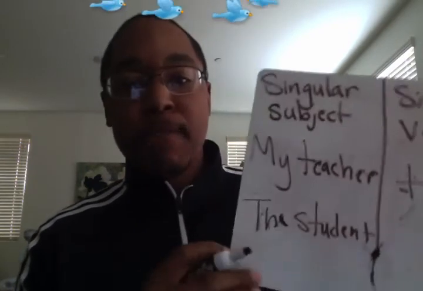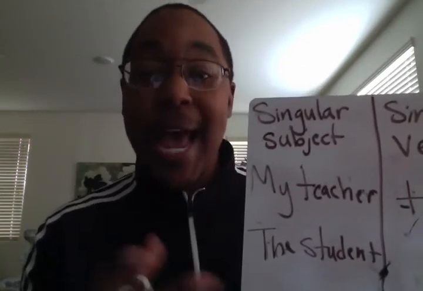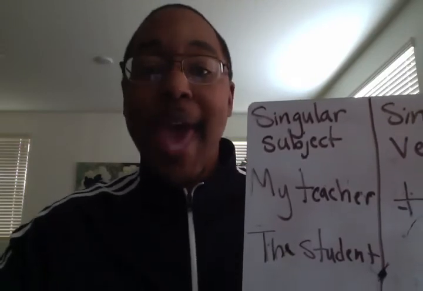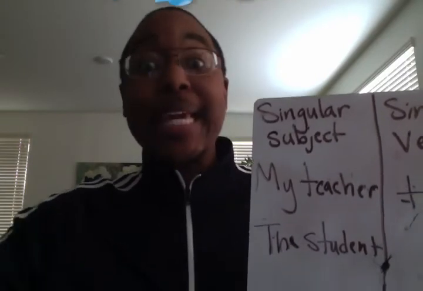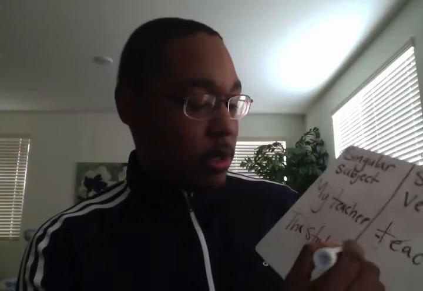Let's say I have another singular subject like the student. The student. Okay? How many students am I talking about? One. Singular subject. I need it to match a singular verb. My singular verb has an S on the end, or an ES, or an IES. Okay? The student, what's something that a student does?